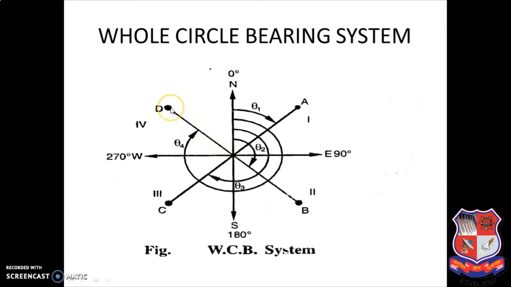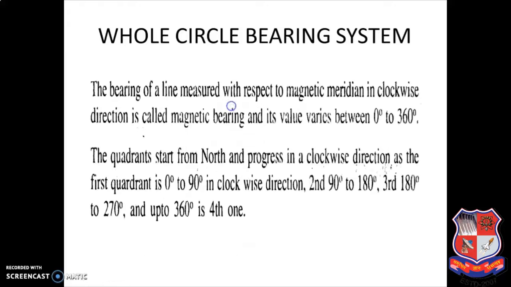And this is survey line OD which makes angle theta 4, again with respect to the north direction. So all the survey lines OA, OB, OC, OD, which lie in all 4 different zones, make the angles theta 1, theta 2, theta 3 and theta 4 with respect to the north direction. So this is nothing but your whole circle bearing.